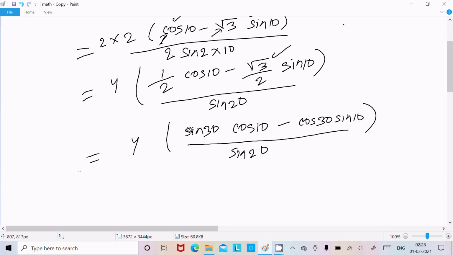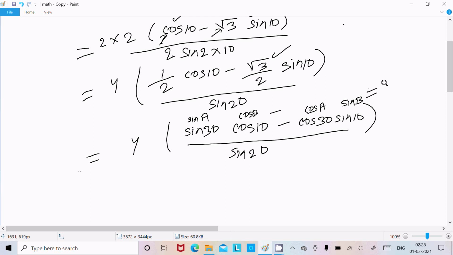So here if I assume this one, sin A into cos B minus cos A into sin B, so here sin A into cos B minus cos A into sin B. Here the cos A value is 30 and the sin B value is 10.